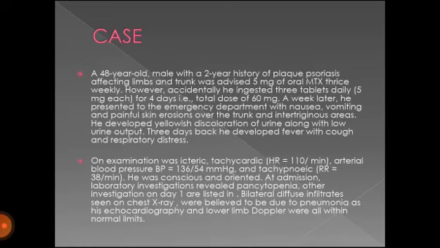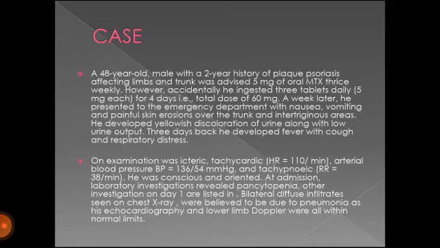trunk and intertriginous areas. He developed yellowish discoloration of the urine, along with low urine output. 3 days back, he developed fever, cough, and respiratory distress. On examination, his heart rate was 110 per minute, his BP was 136 by 54 mm of Hg, and his respiratory rate was 38 per minute.